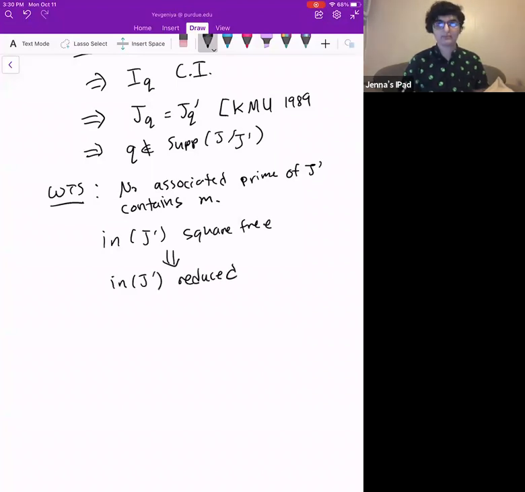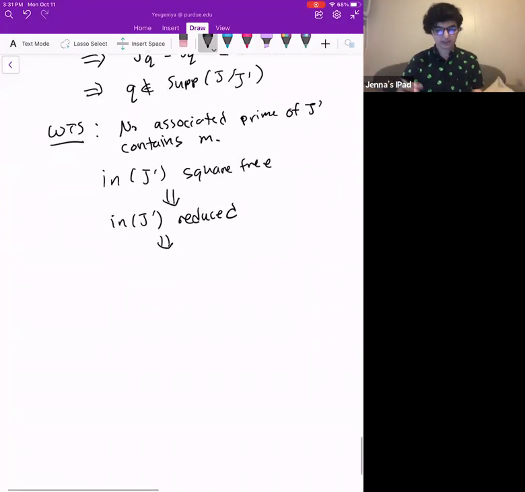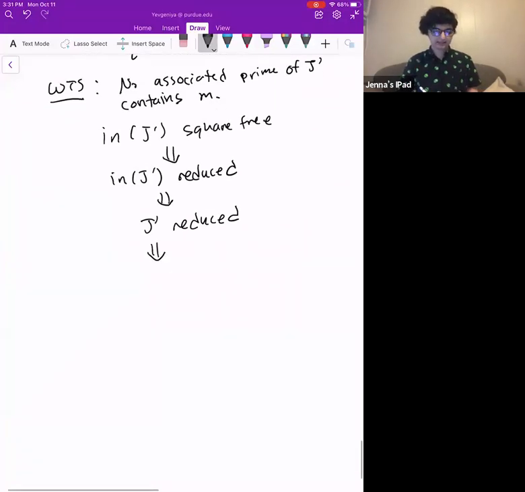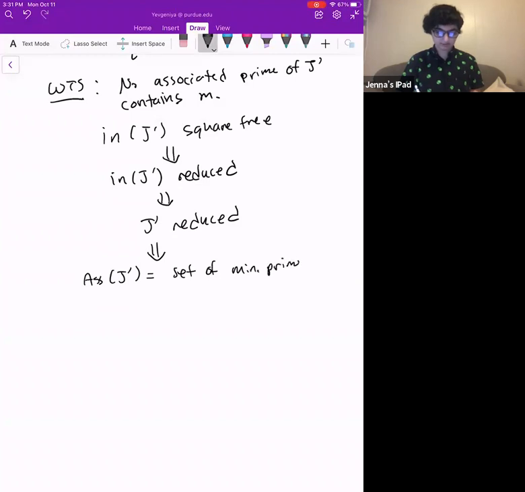And as a reminder, for something to be reduced, it just means it's equal to its radical. And since the initial ideal of J prime is reduced, and initial ideals carry over a lot of nice properties, we actually get that J prime is reduced. And this implies that the set of associated primes of J prime is the set of minimal primes of J prime.